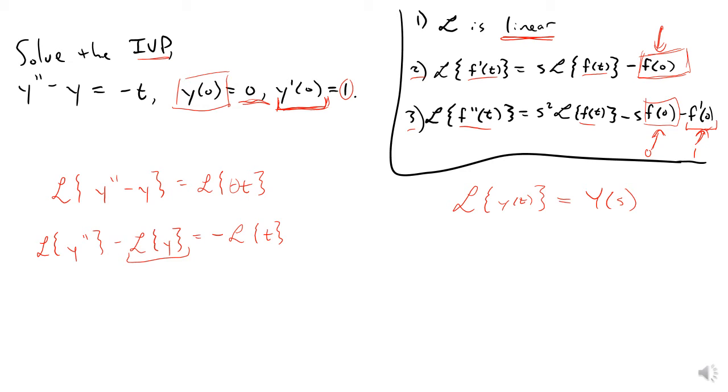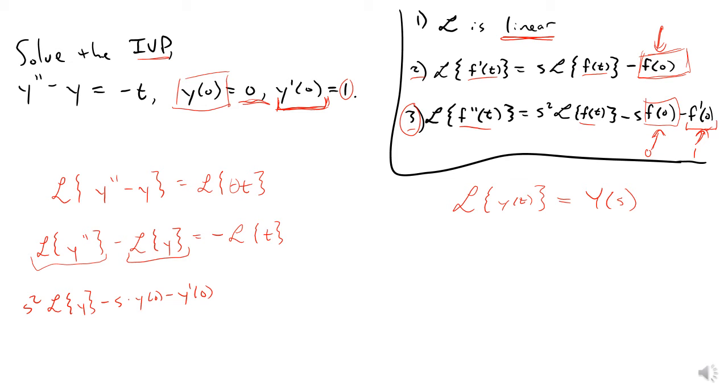But first, let's take care of this Laplace transform of y double prime. Now again, let's use this third property. I'm doing the Laplace transform of a second derivative. So according to this property, this is going to be s squared times the Laplace transform of y minus s times y of 0 minus y prime of 0.